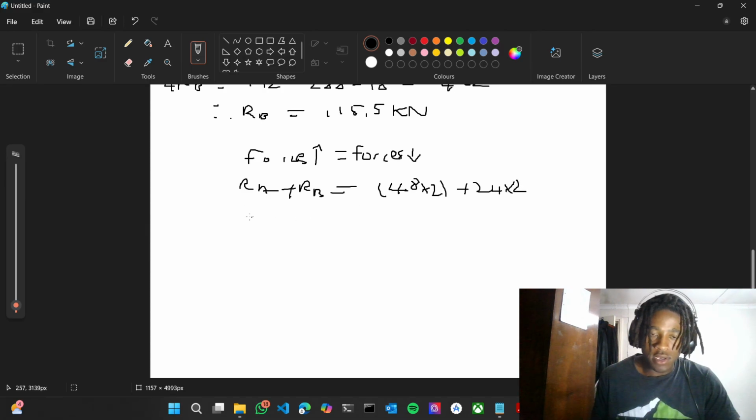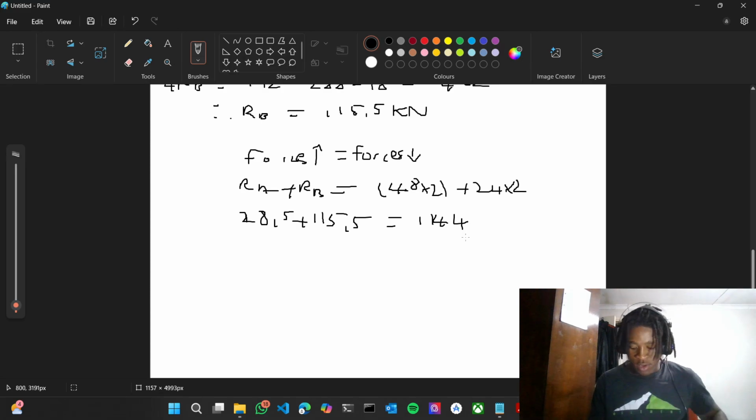That is RA plus RB. RA is 28.5 plus 115.5, which is equal to 144. And these two are in fact equal to 144, so they are equal.